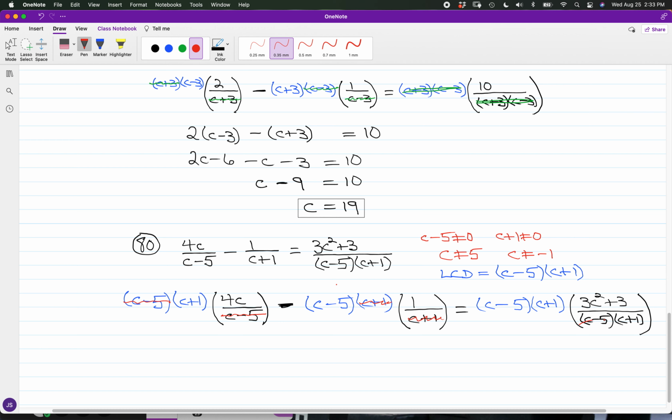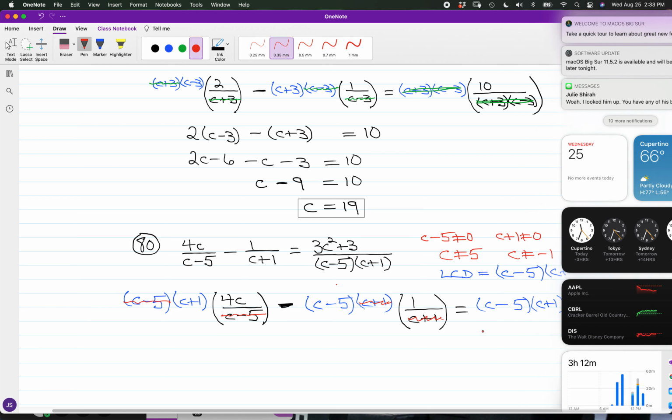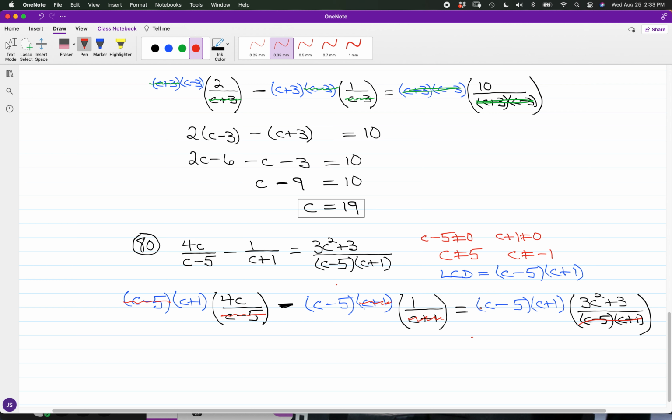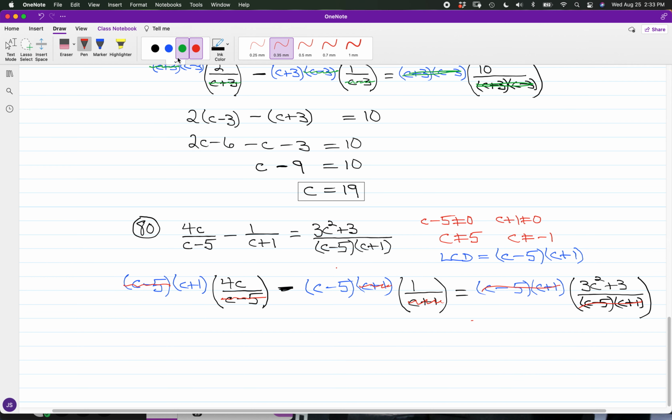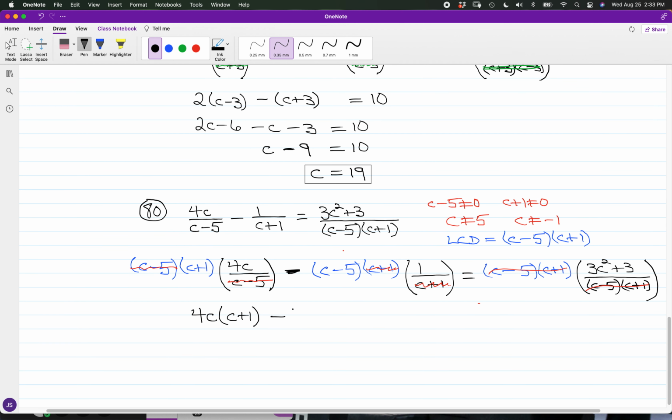Okay, so we have both c minus 5 and c plus 1. Again, c minus 5 and c plus 1 will completely cancel, so you have 3c squared plus 3 that will remain. After canceling out the denominators, just multiplying the numerator terms, you got 4c and c plus 1, and you got subtraction, and again the quantity of c minus 5.